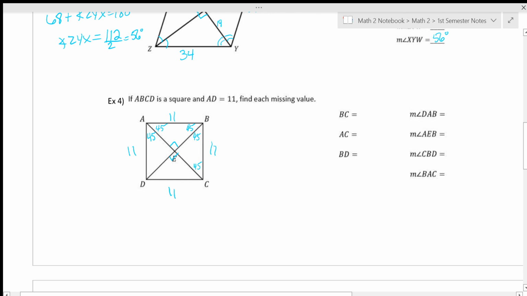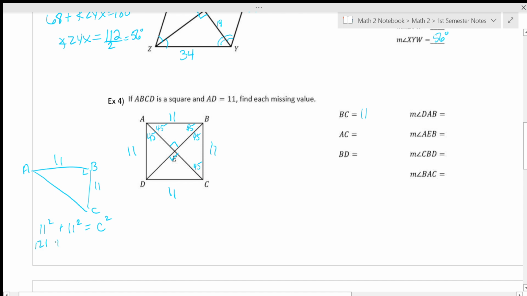So BC is 11, and A to C we need to solve for. A to C is the hypotenuse of our right triangle created by ABC, where we have 11 and 11. So we're going to do 11 squared plus 11 squared equals C squared, or X squared, what we're trying to find.